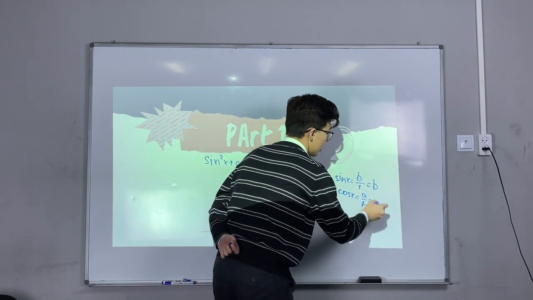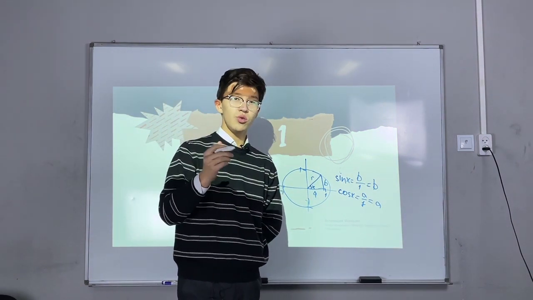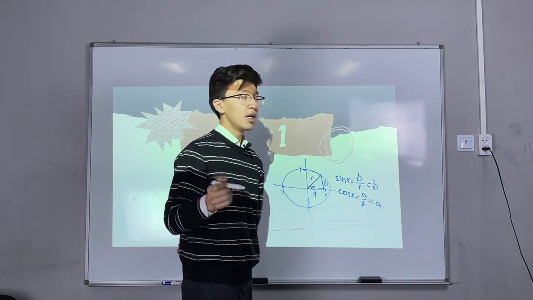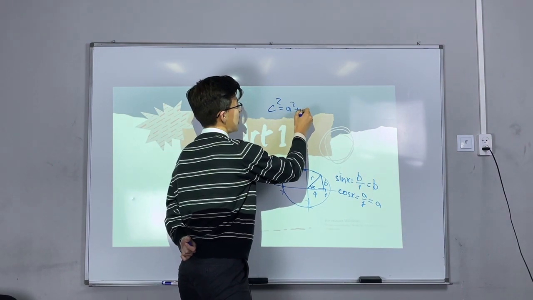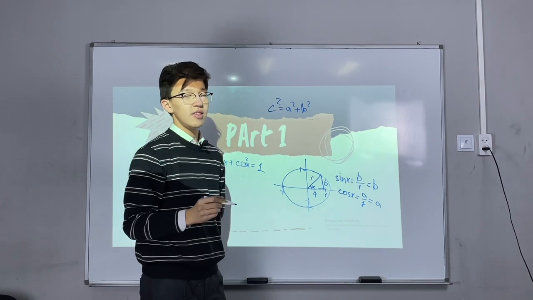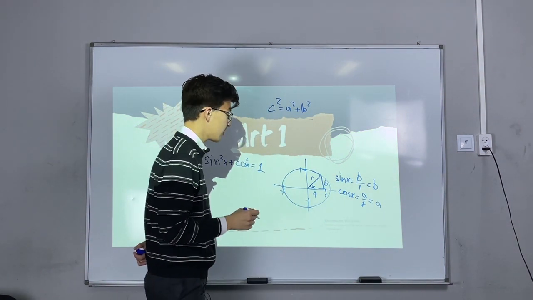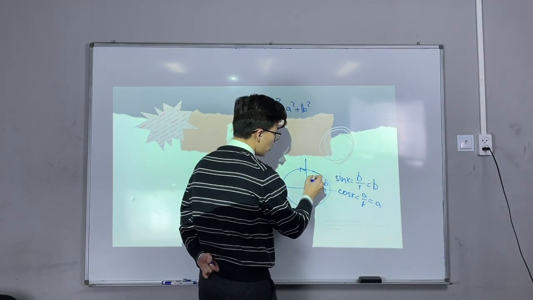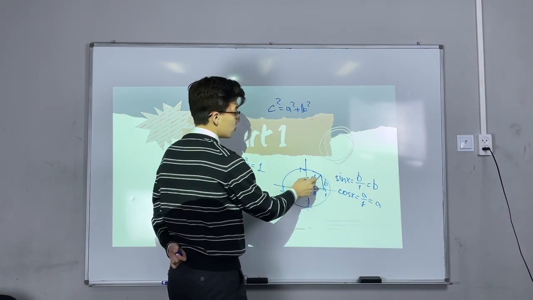Here we get a. Now just remember the Pythagorean theorem: c squared equals a squared plus b squared. We know that c is the hypotenuse of our right triangle, and the radius is 1, so the hypotenuse of this triangle equals 1.